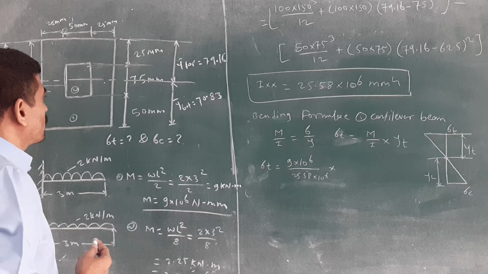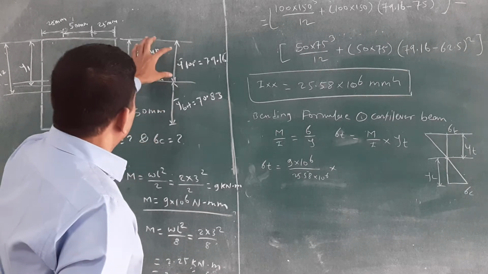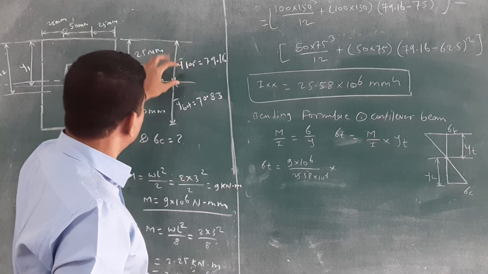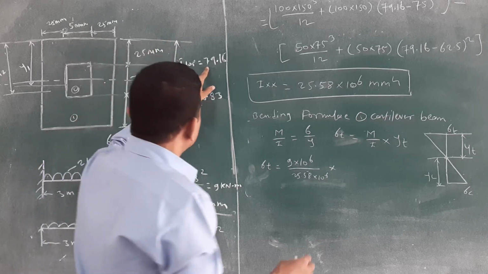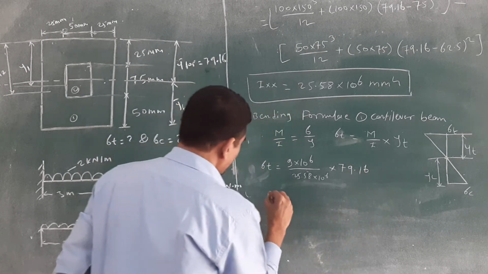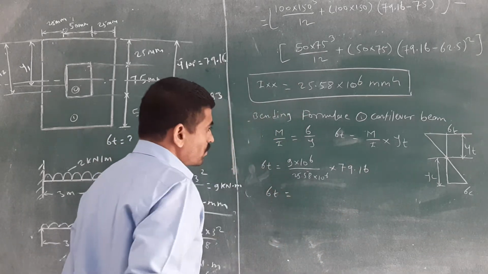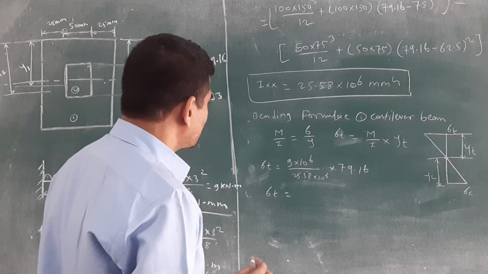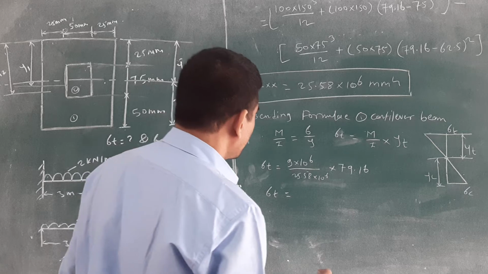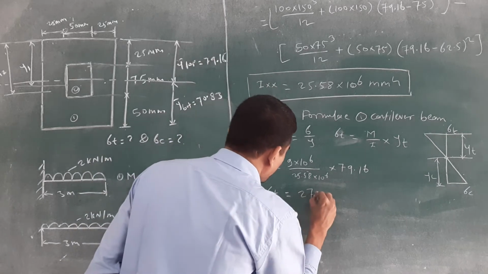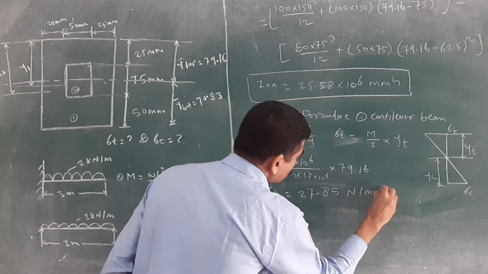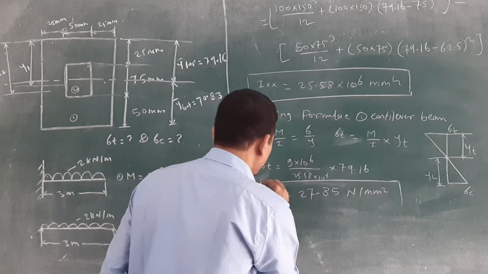Yt means this portion above the neutral axis, 79.16. Then if you calculate, sigma t is equal to 27.85. Check that. This is in Newton per mm square or MPa.